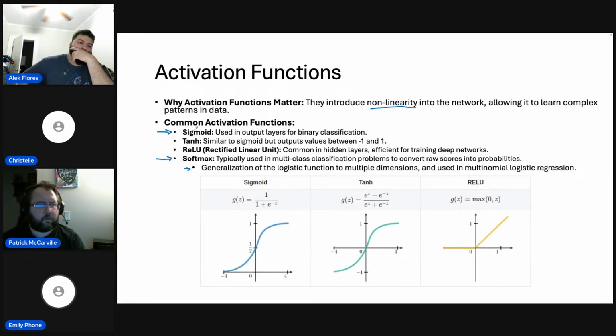So softmax and sigmoid are very similar: sigmoid's for binary, softmax is for multi-class. And then we have the tanh and ReLU, which are also activation functions, pictured below. We will come back and talk about these and how they're used in the neural network.